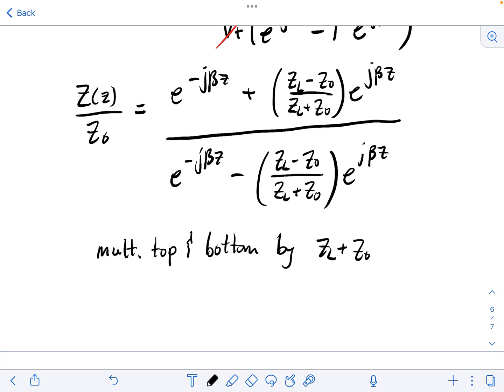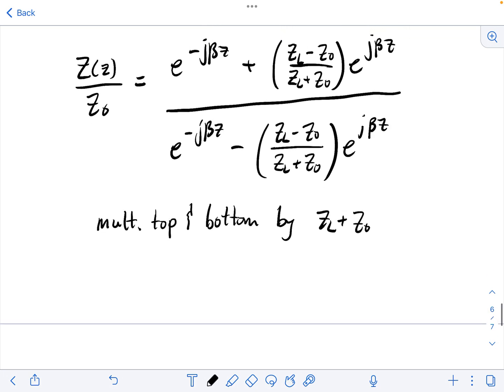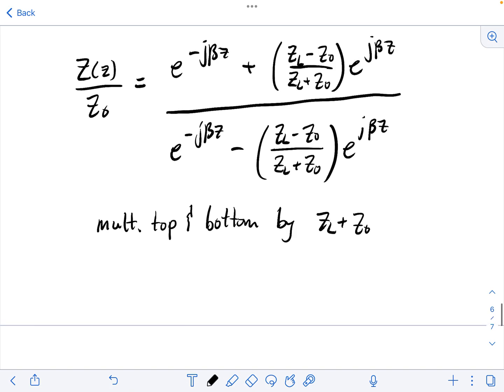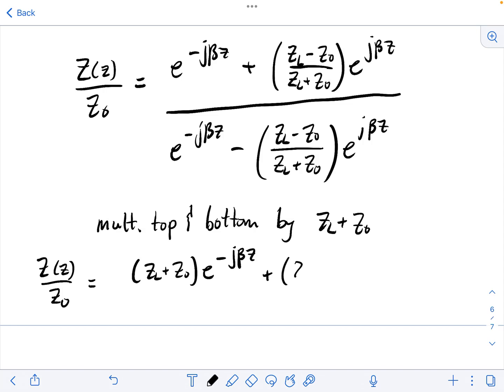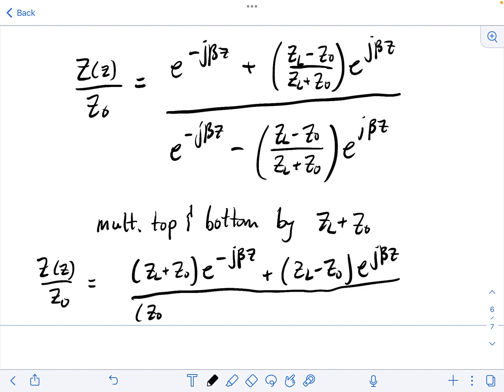If we do that, we'll get the impedance divided by the characteristic impedance is going to be, let's see, ZL plus Z naught e to the minus j beta z plus ZL minus Z naught e to the plus j beta z. And then again, the denominator looks the same other than the sign between the two terms. So we get a minus sign here.